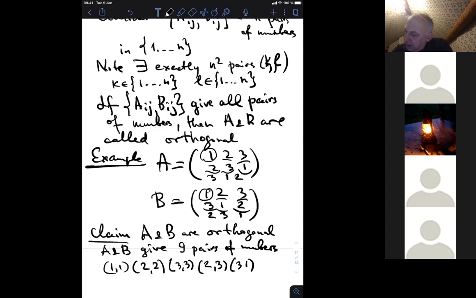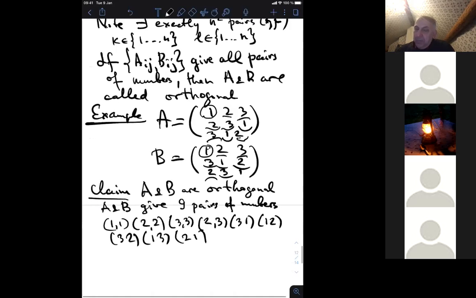Here 1 and 2. Now the last row 3 and 2. This guy 1 and 3. And finally the last one 2, 1. Now we get 9 pairs of numbers, and they are all possible pairs of numbers where each number belongs to 1 to 3.